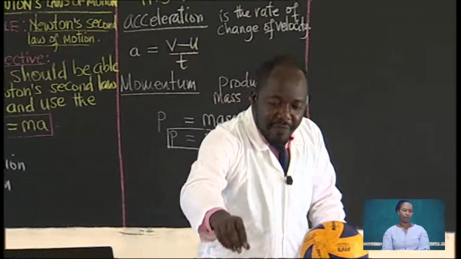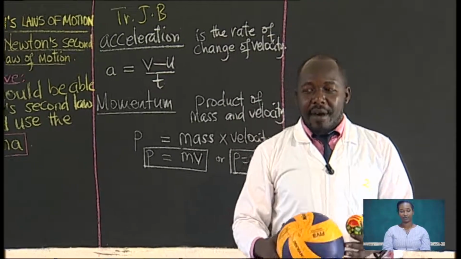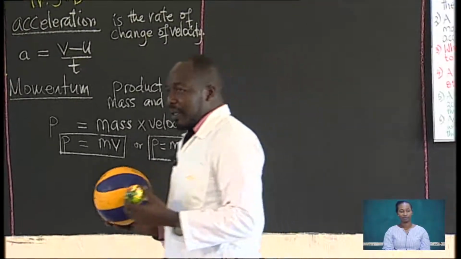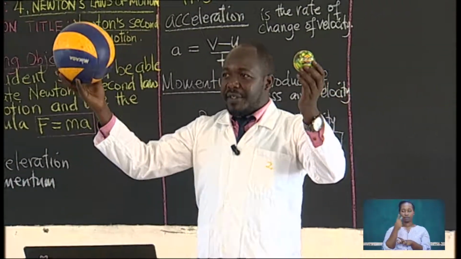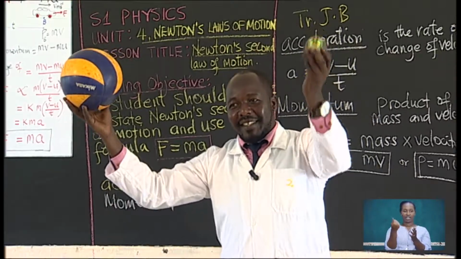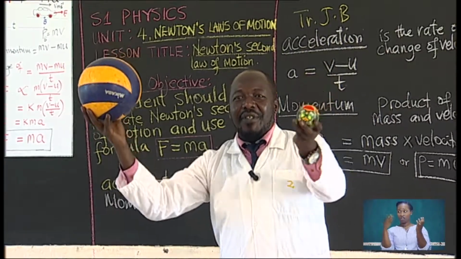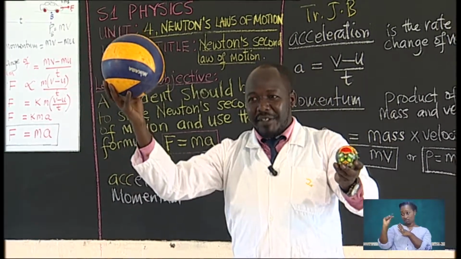We are going to have another demonstration here. In this demonstration, we have two balls, a volleyball and a softball. This is lighter, this is heavier. So small mass, and this one is a bigger mass.